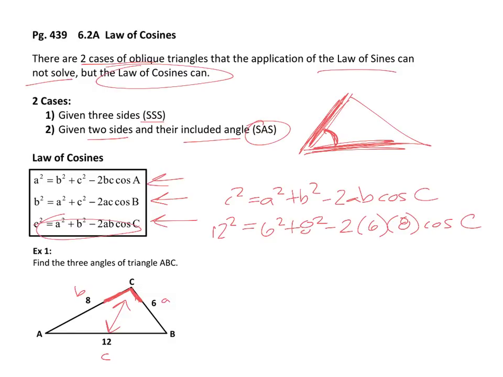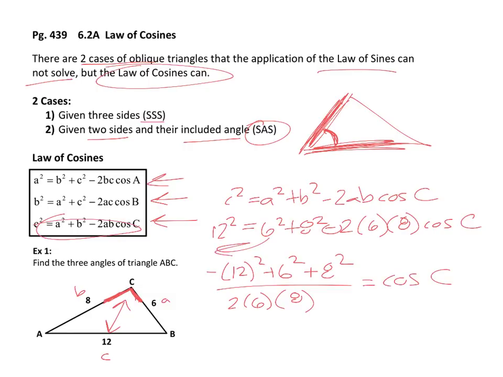And that gives me this. And notice the signs of everything switch because I divided by this negative here. Okay, cosine of C. So I just moved everything over. That's all I did.